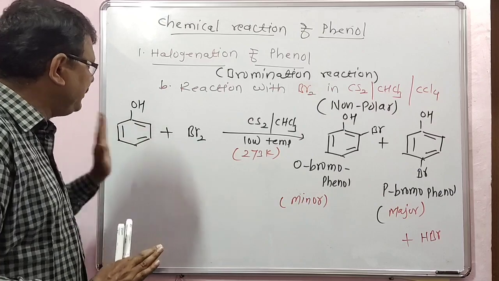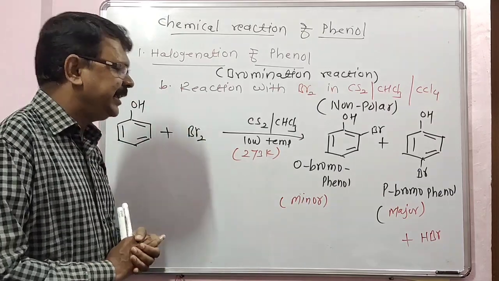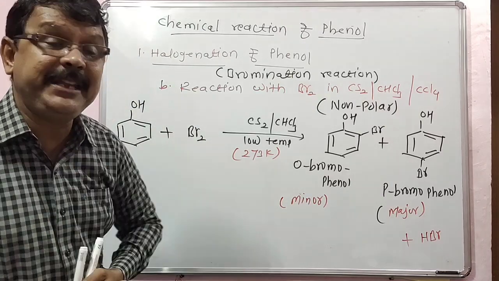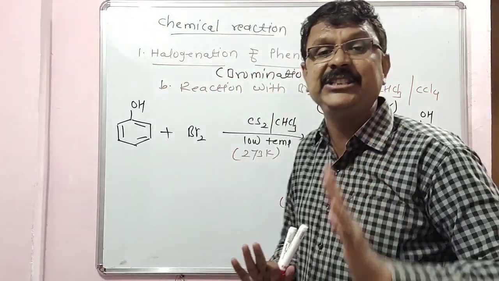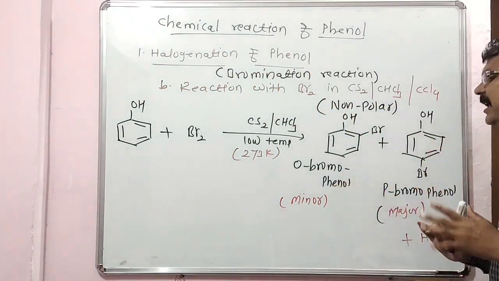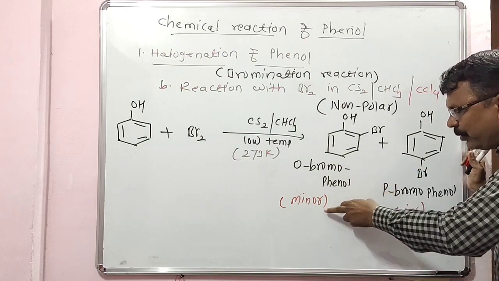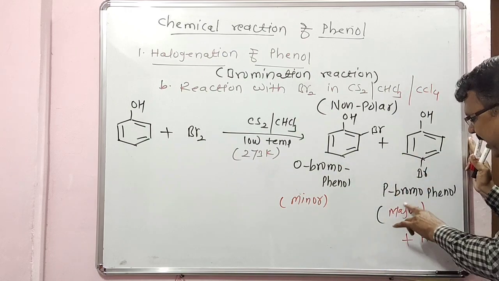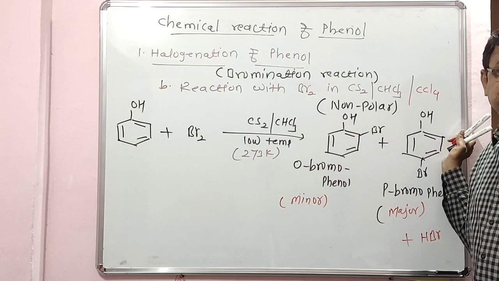Simple. When phenol is reacted with bromine in CS2, chloroform, or carbon tetrachloride at low temperature, or 0 degrees Celsius, it gives a mixture of ortho-bromophenol and para-bromophenol. Ortho-bromophenol is a minor product and para-bromophenol is a major product.